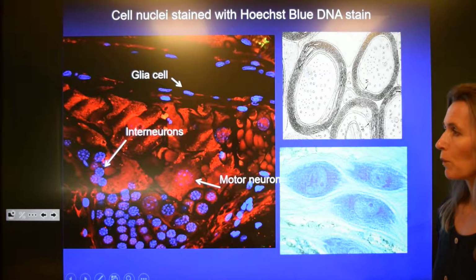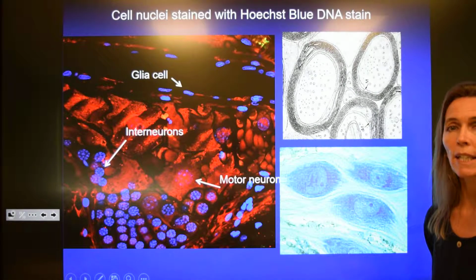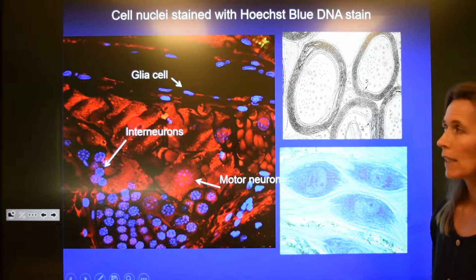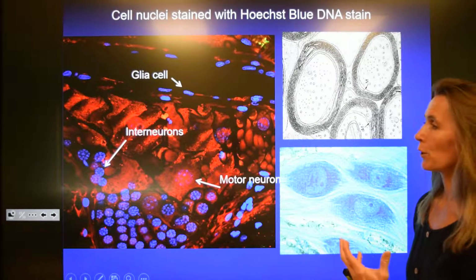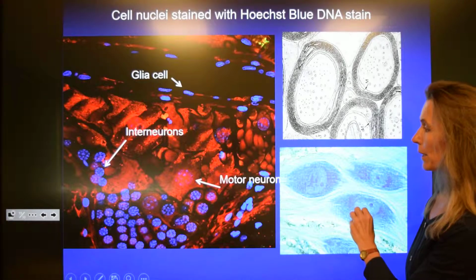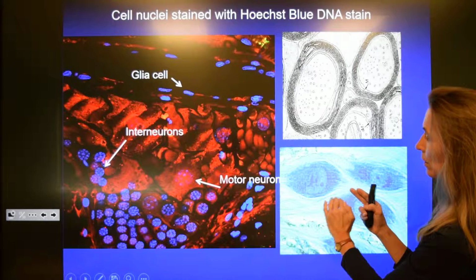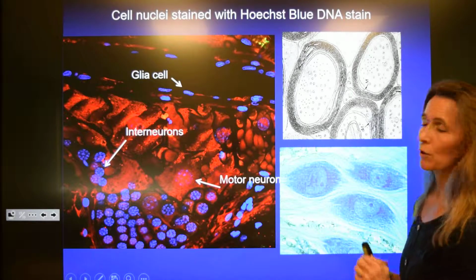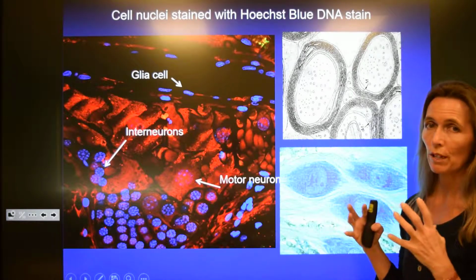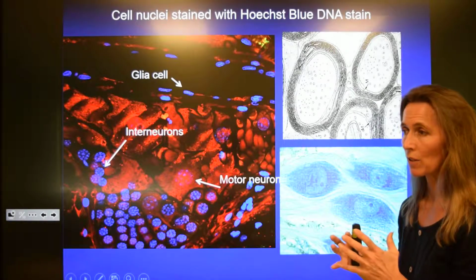So here's an example of how different nuclei can look in different cells. Again, I come back to my neurons, and this is a beautiful example. If I have my mechanosensory neurons, you can see that the cytoplasm of these neurons is very big, and for that reason the nuclei are not compressed.